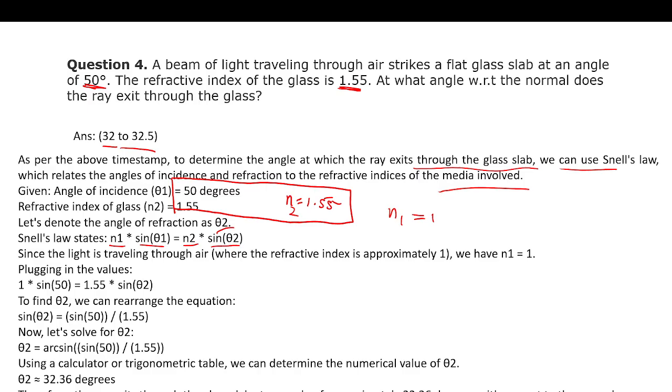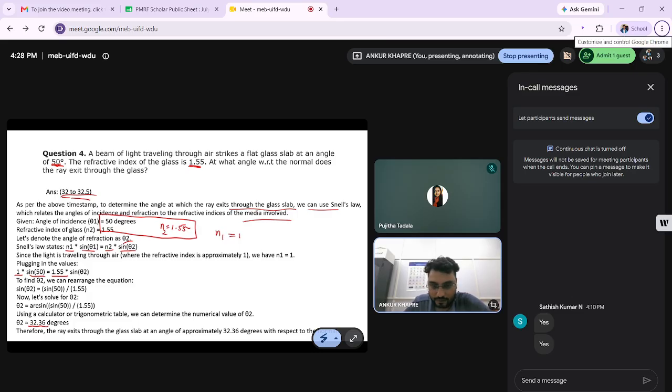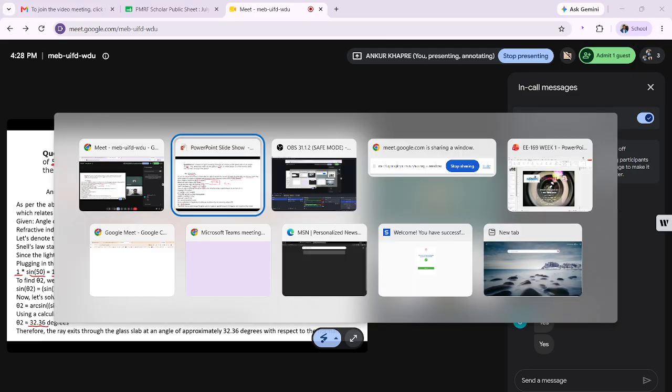Since the light is traveling through the air, we consider n1 as approximately 1. Plugging in all the values, n1 is 1, theta 1 is the 50-degree incident angle, and the refractive index of glass is 1.55, then theta 2 will come. By solving this, we get 32.36, which is in the range of 32 degree to 32.5.